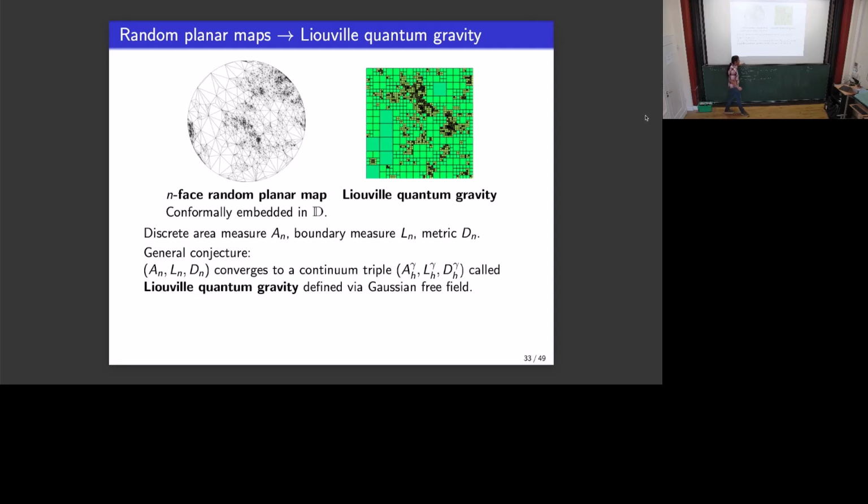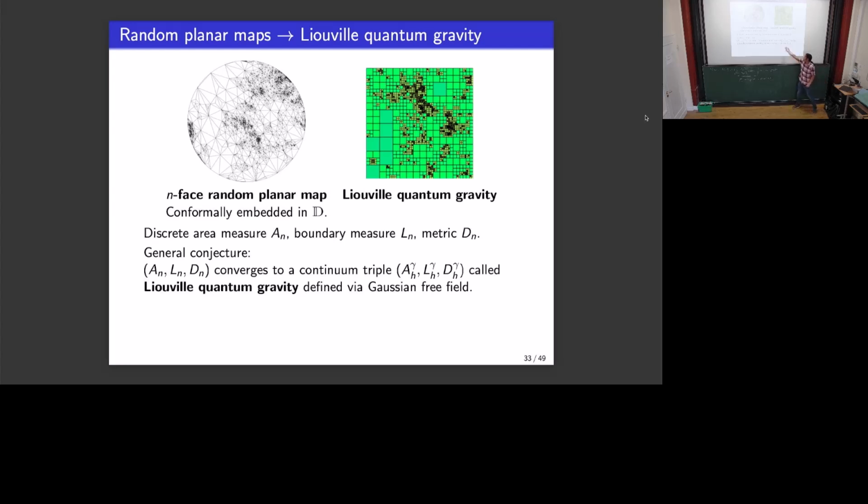And you can also define a graph distance D_n. For any two points inside the unit disk, you first go from each point to its nearest vertex, and you look at the graph distance on the graph, and that defines D_n, the two-point distance function. It turns out that this discrete tuple A_n, L_n, D_n converges to a continuum tuple, which you can define using the Gaussian free field.